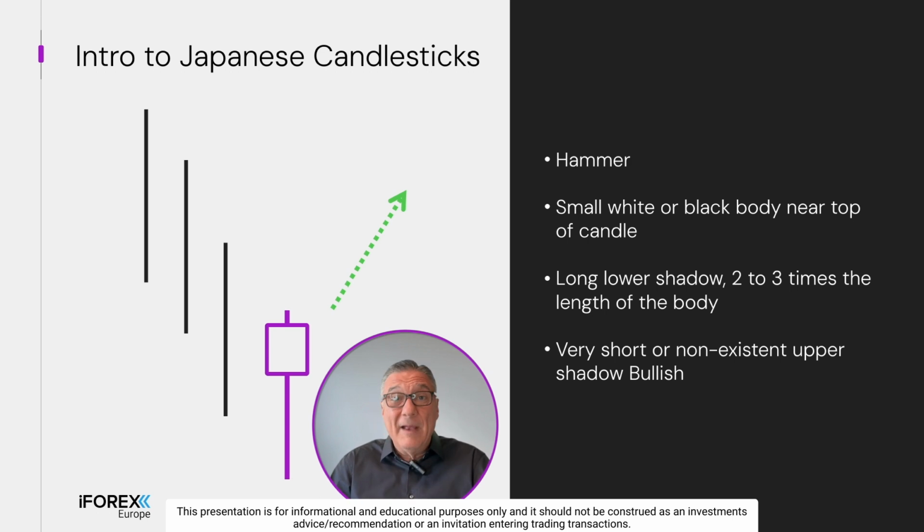Another filtering might be that your favorite oscillator, let's say the relative strength index, is in oversold territory. And then another tool that might help us in this case is volume.